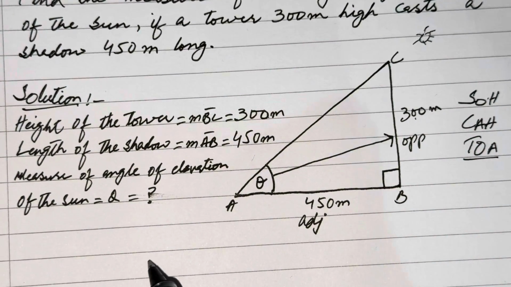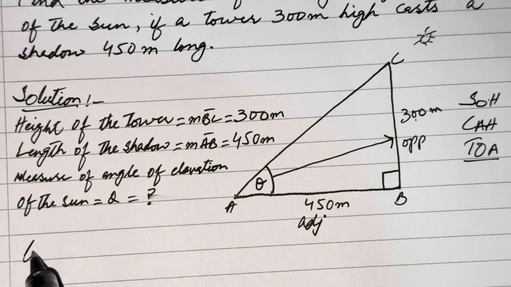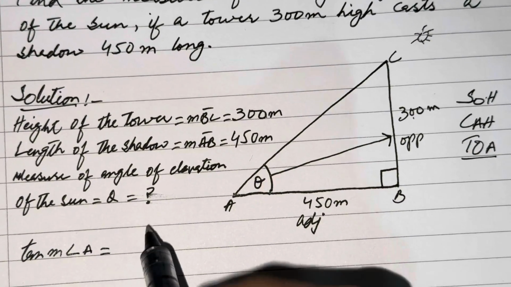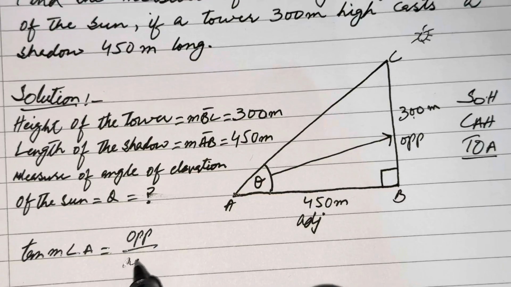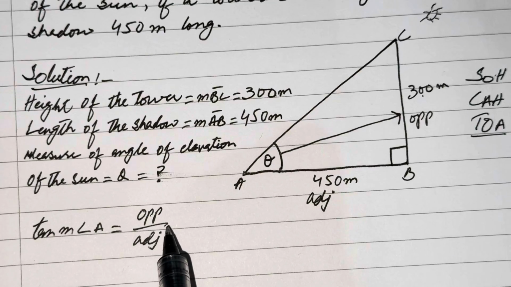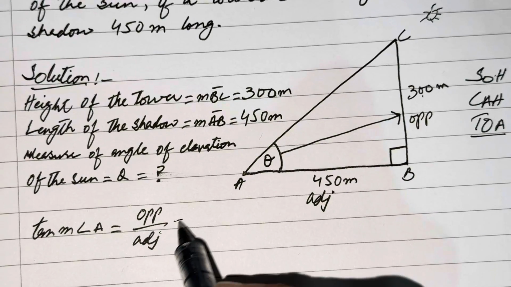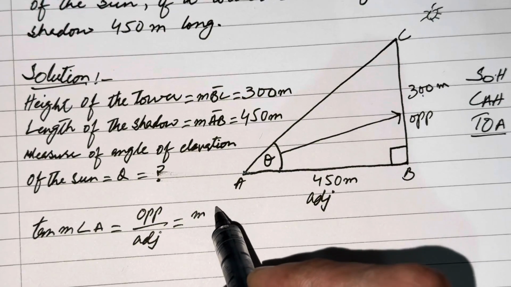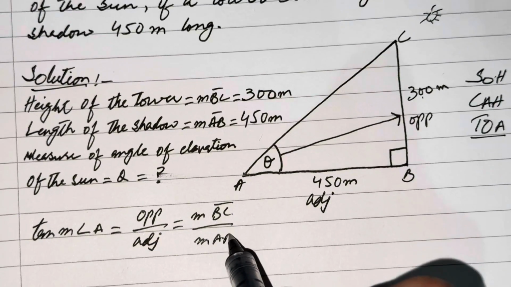So we say that tangent of angle A will be equal to opposite over adjacent. Opposite is BC and adjacent is AB. So tangent of angle A is equal to the measure of BC divided by the measure of AB.